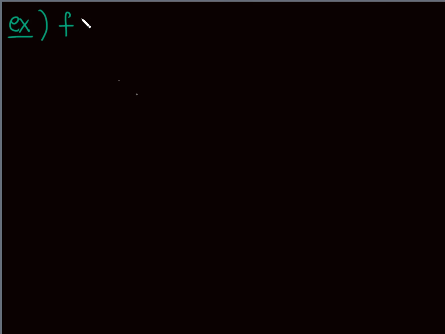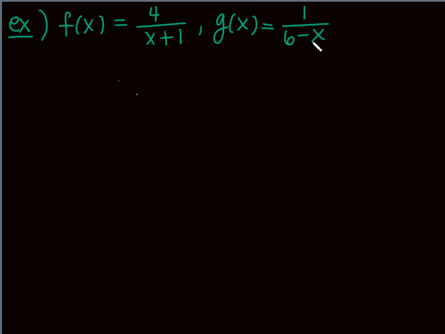Let's consider f of x equals 4 over x plus 1, and g of x, let's say, is 1 over 6 minus x. Okay, so let's look at what would happen if we started combining some of these. So, you know, let's say I wanted to find f minus g of x and its domain.